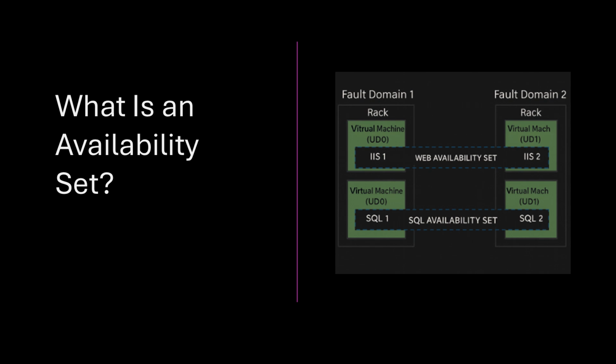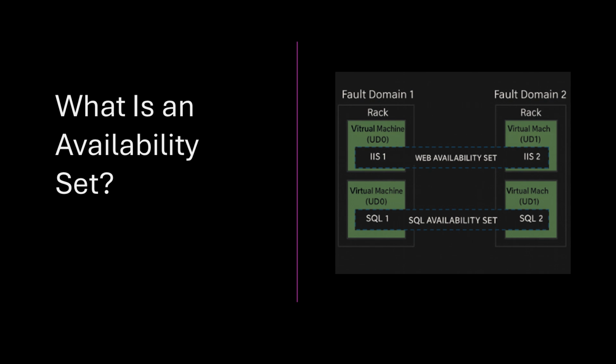If something fails in that domain, for example, a power outage or hardware fault, all VMs in that domain might be impacted. By placing your VMs across two or more fault domains, Azure ensures that your application doesn't go down entirely in the event of a physical failure. You maintain availability even during an outage in one fault zone.